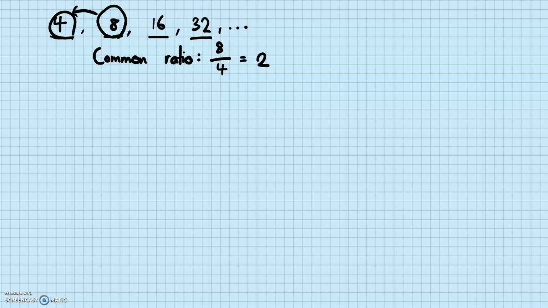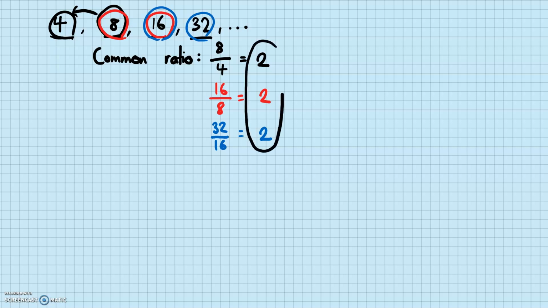You can do this with 16 and 8, and you'll get the common ratio. You can do this with 32 and 16, in which case you'll also get 2 as the common ratio. So you can try with a few different terms to see if you get the same common ratio, just to make sure that you've gotten the correct answer.